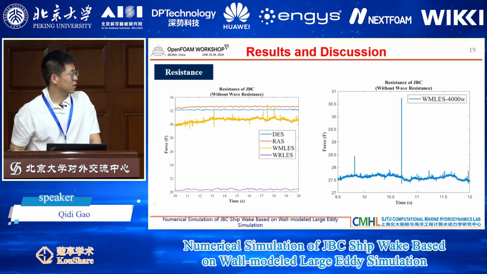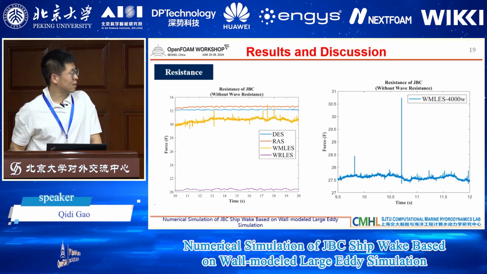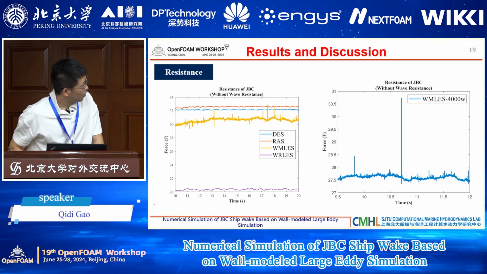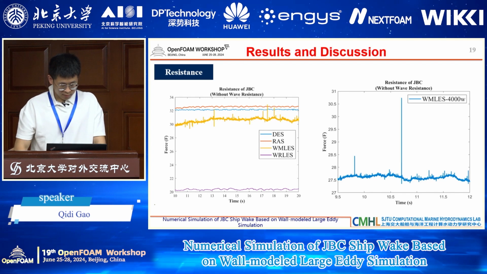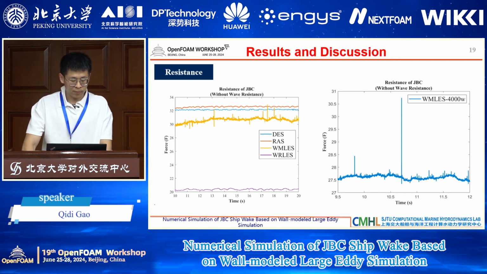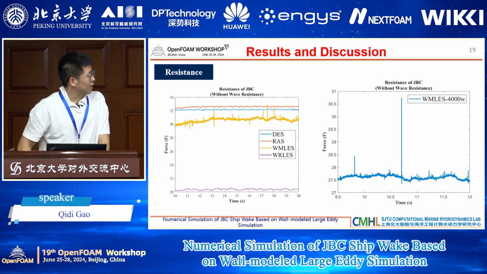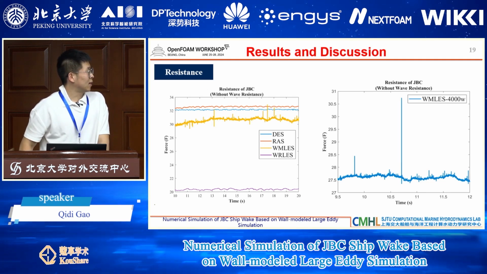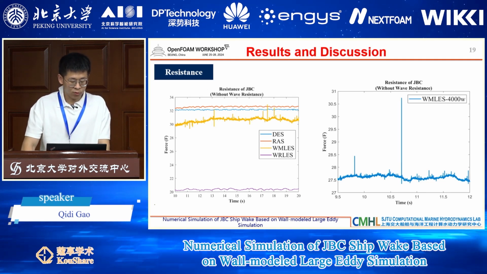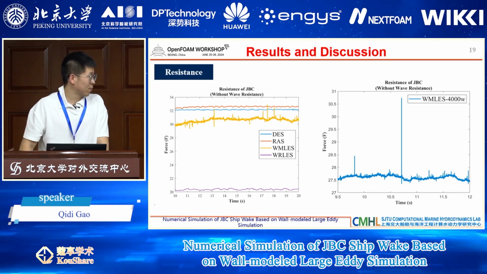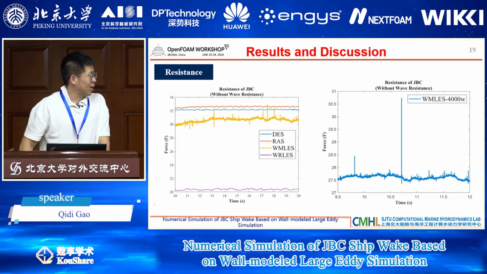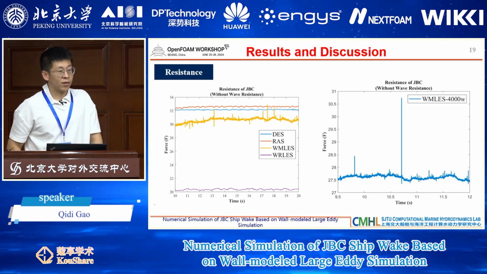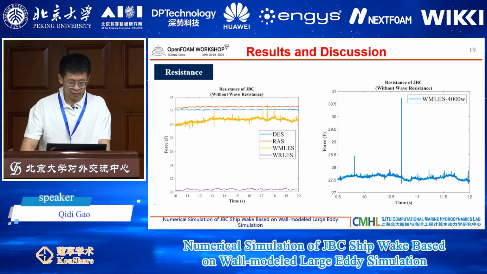So in WRLES, the mesh is not sufficient to give an accurate result. About the RANS method and the DS method, the resistance is close to the experiment result. But the WMLES is smaller than the experiment result, and I'll explain why this happened later.